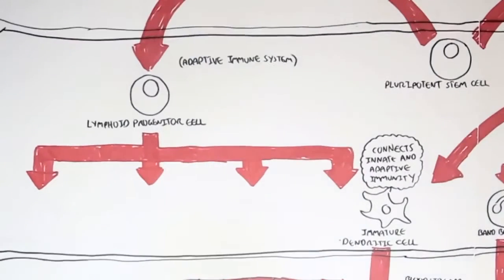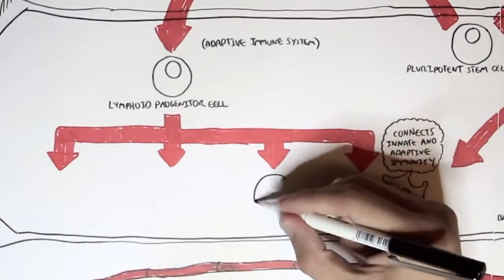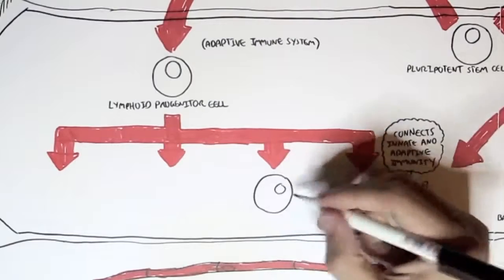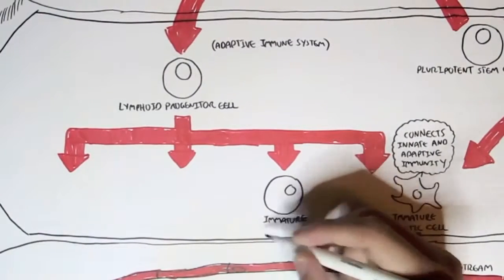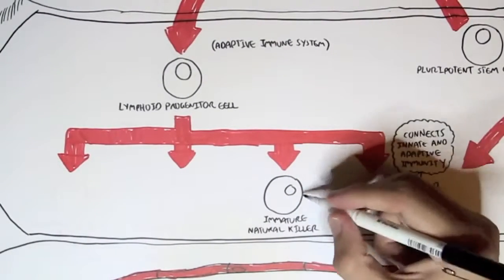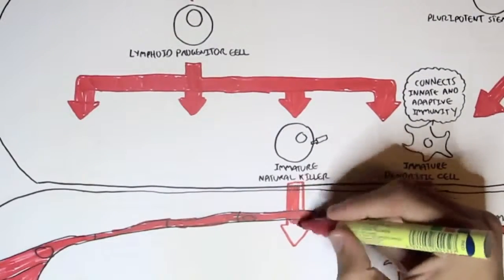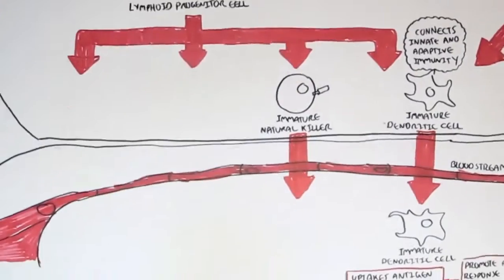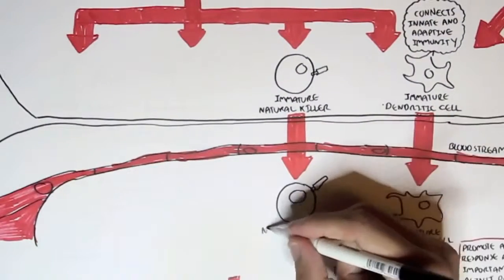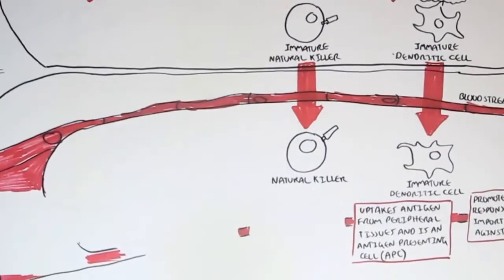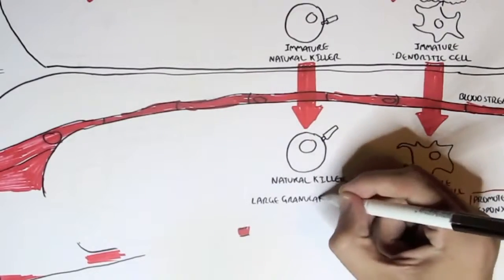These cells are also the immature dendritic cell, which, as we talked about, is a connection between the innate and adaptive immunity. And the lymphoid progenitor cell will also give rise to an immature natural killer cell. An immature natural killer cell, when it leaves the bone marrow to the bloodstream, will become a natural killer cell.